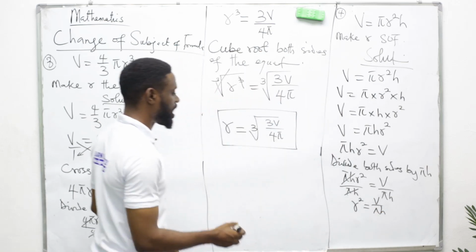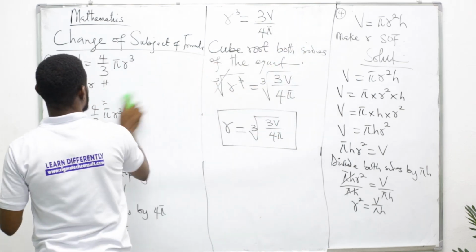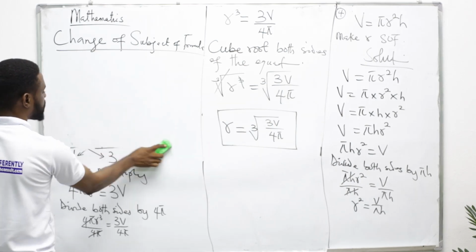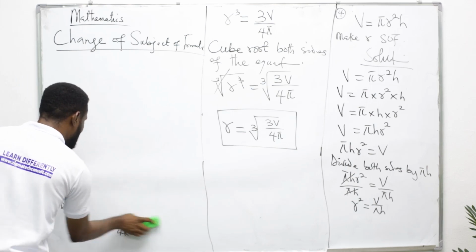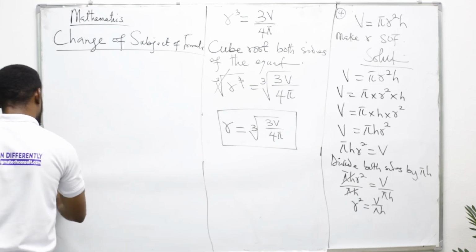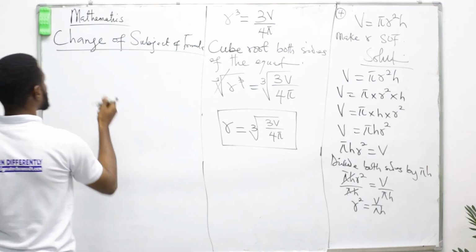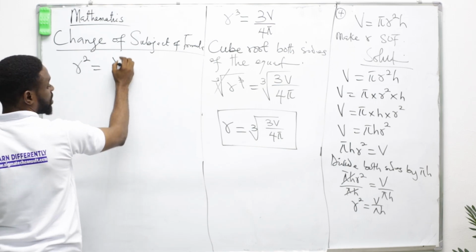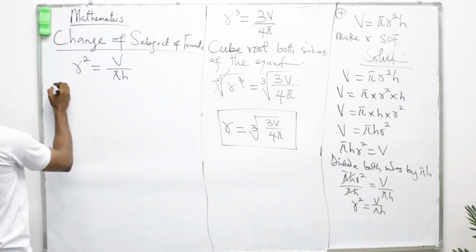Okay? Now, what do we do? We square root both sides. Because just like what we did in cube root, we have r squared, and we are not asked to make r squared the subject of the formula. So we must remove the square from the r. So we have r squared is equal to v all over pi h. Okay, so we do what?